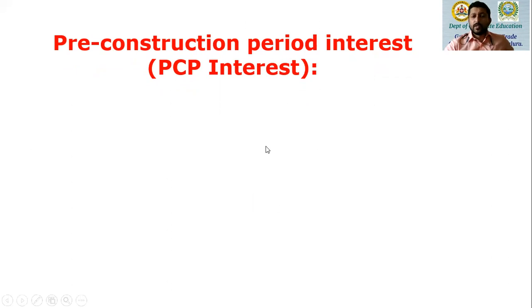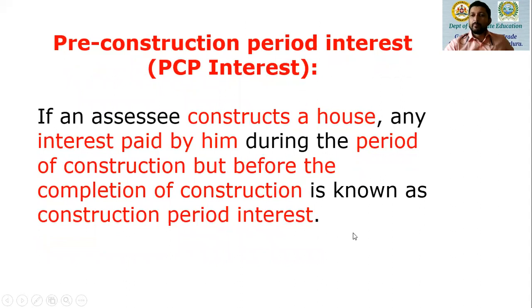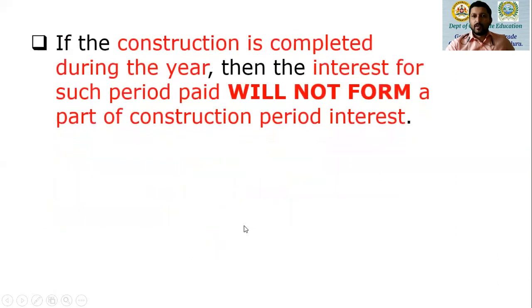The third concept is pre-construction period interest, or we also call it PCP interest. If an SSC constructs a house, any interest paid by him during the period of construction, but before the completion of construction, such interest paid is called construction period interest, or pre-construction period interest, or PCP interest.